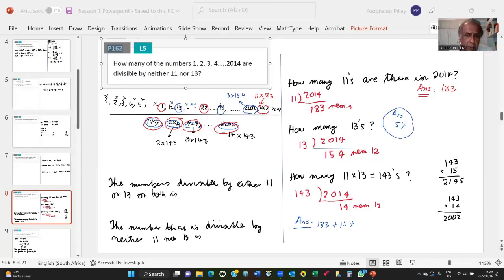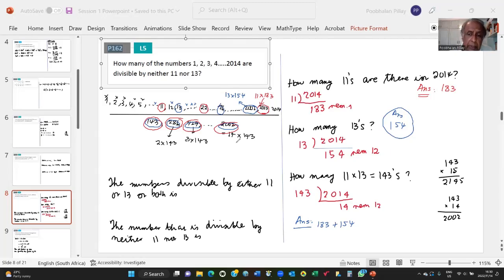All right. So what are those numbers? They are, firstly, 13 times 11 is the very first one. And then after that is all the multiples. 13 times 11 is 143. And all the multiples of 143, right, which are less than 2014. So the question is how many 143s are there in this? Again, now you take long division. And you see that it is 14 and the remainder is 12.